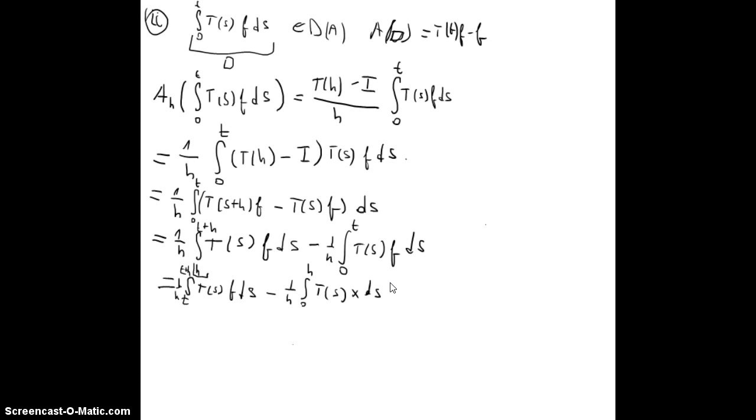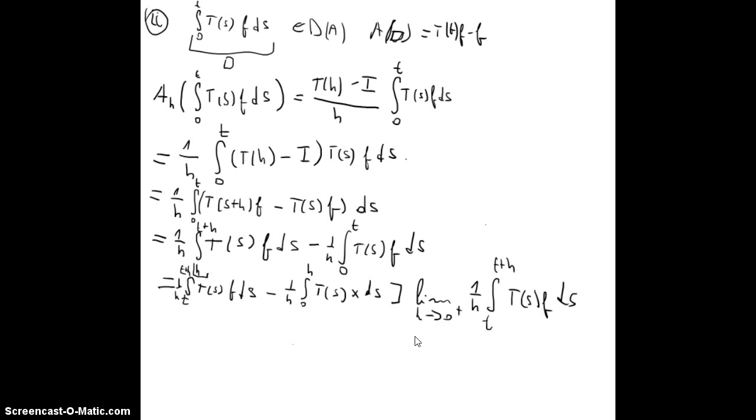Okay, so now we take this and we take the limit when h goes to 0 plus. Not only do we take the limits, we also have to apply the fundamental theorem of calculus, because for this term, we have the limit of 1 over h times the integral from t to t plus h of T_s f ds. So this is like taking the derivative of an integral, so this will be what we have inside, T_s f at t.